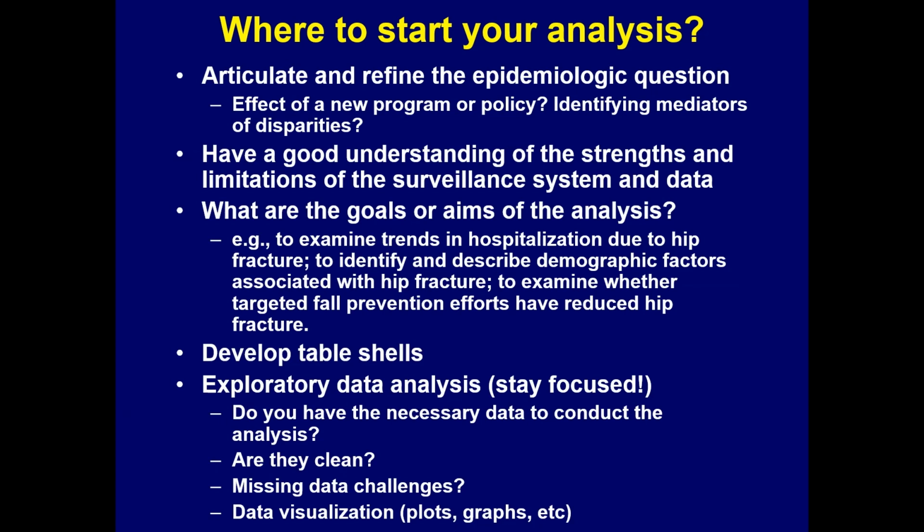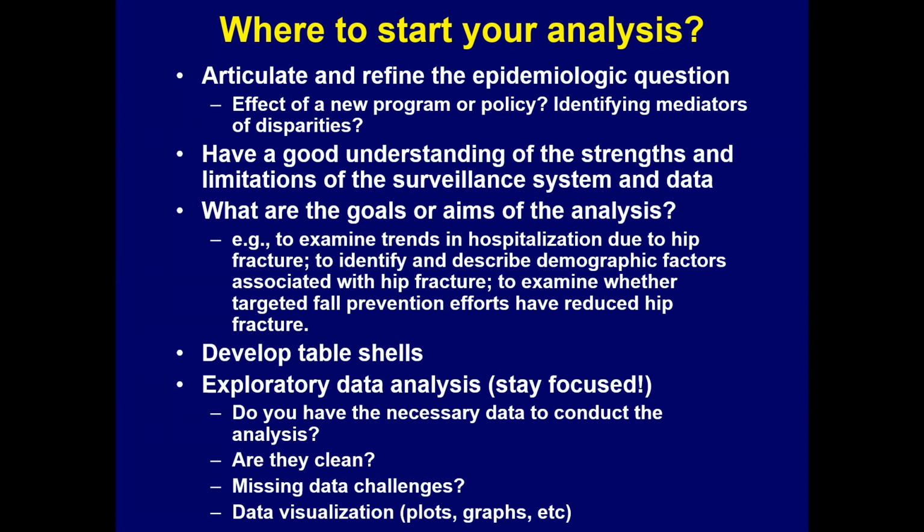Then according to the goal and aim of the analysis, you want to design your table shell and design the measurements, such as association or some descriptive measurement. Examples include examining the trends of a certain event due to a certain disease.